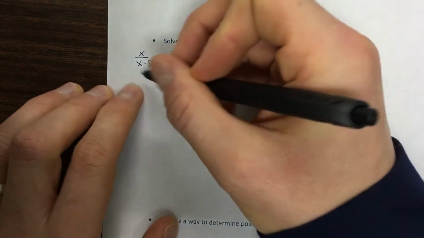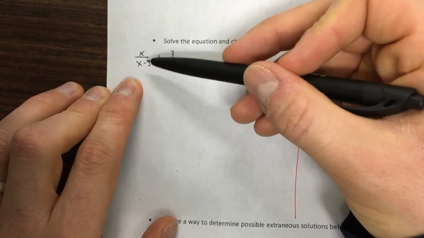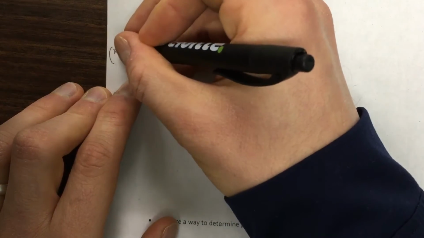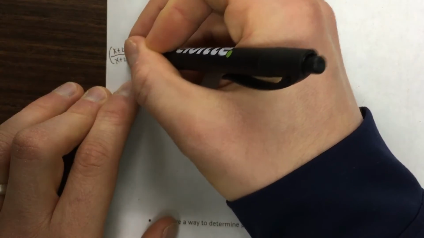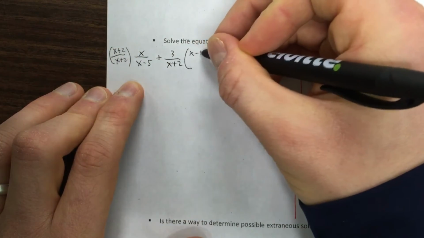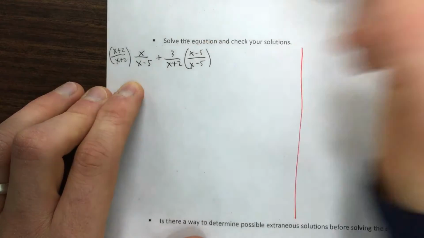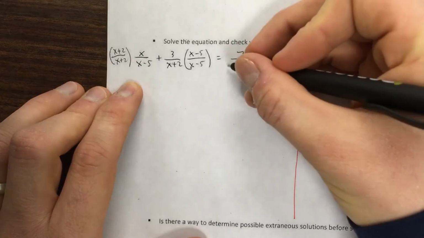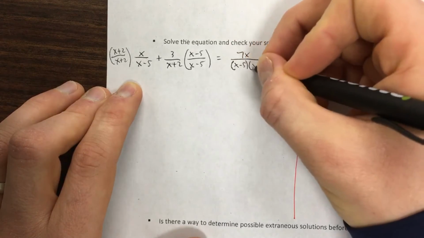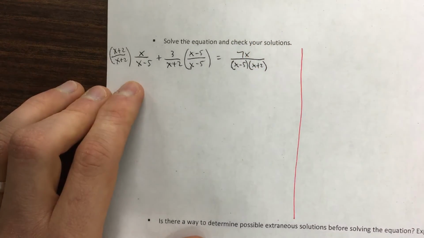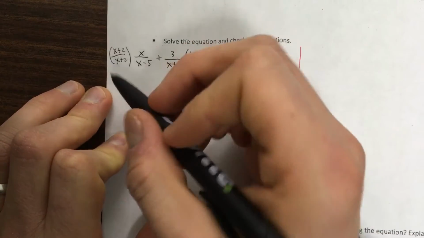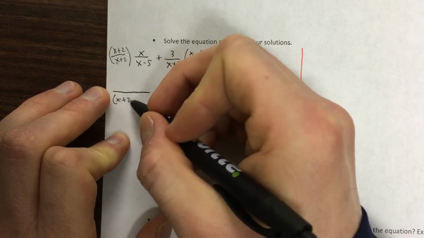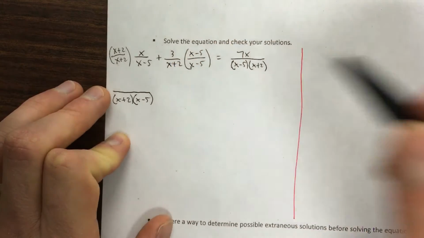They said if I give the left-hand side of the equation x plus 2 over x plus 2, and this side x minus 5 over x minus 5, equals 7x over x minus 5, x plus 2. Then this denominator would become x plus 2, x minus 5.